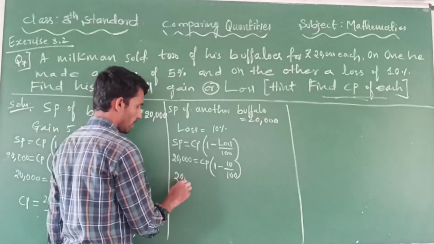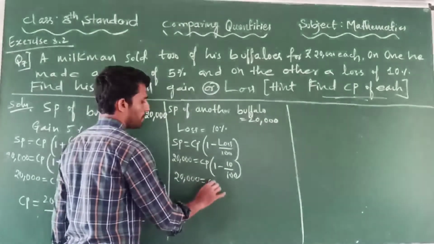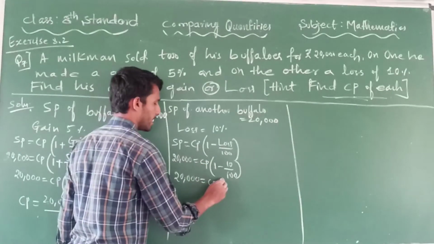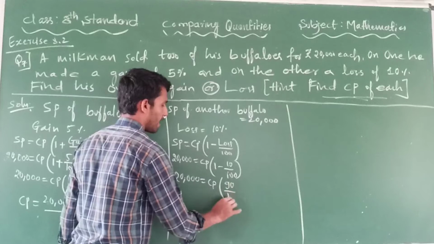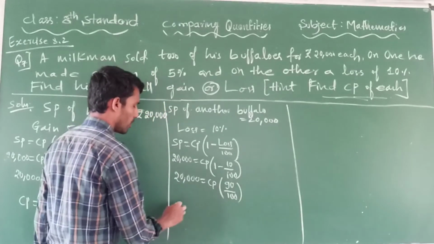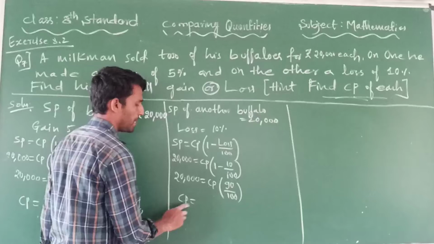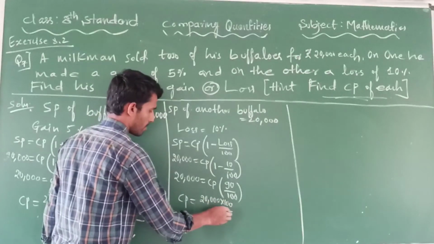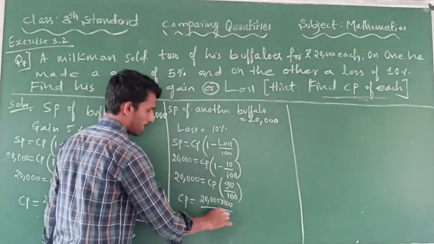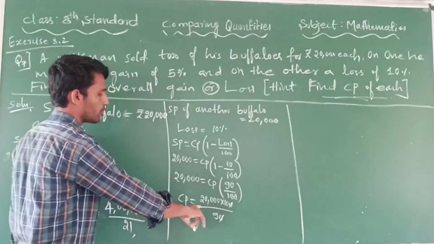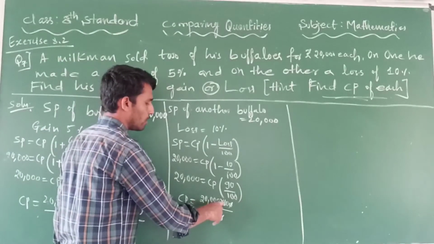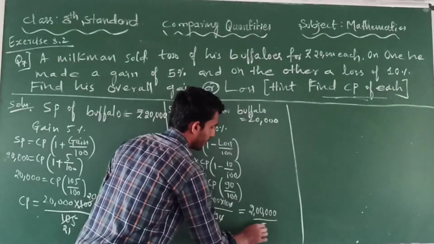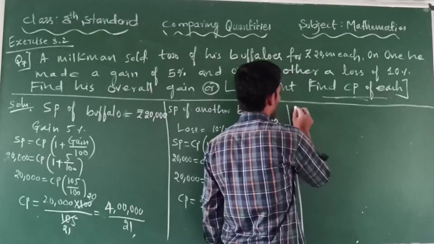Now 20,000 is equal to CP. When you multiply, 100 into 1, 100 minus 10, here 90 by 100. Now when you do the cross multiplication, you will get CP 20,000 into 100 by 90. 0 gets cancelled. When you multiply 20,000 into 10, you get 2 lakh by 9.